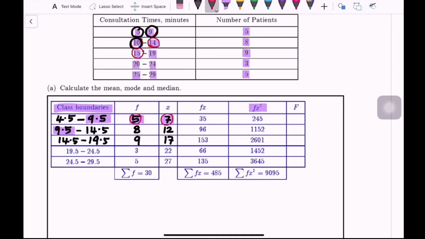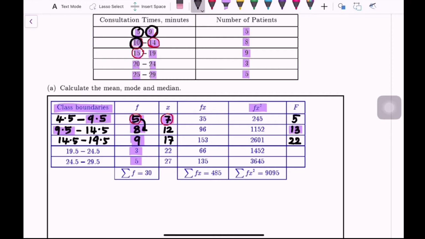For the last column, we create capital F, which means cumulative frequency. The cumulative frequency we determine from the frequency. The first cumulative frequency is 5. For the next, we total up the frequencies of the next class. So we have 13. The next value is 13 plus 9, equal to 22.